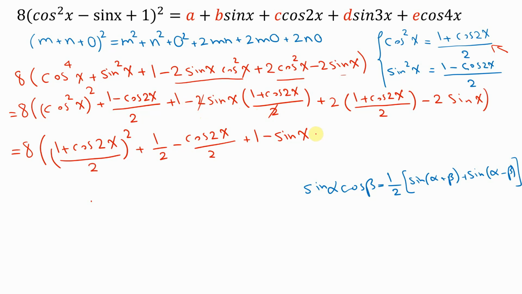The negative sign here, 1 divided by 2. Now sinusoid of alpha plus beta, x plus 2x, which is 3x, plus sinusoid of alpha minus beta, x minus 2x, which is minus x. And the rest, 2 and 2 are crossed out, 1 plus cosine of 2x, and finally minus 2 sinusoid of x. Okay.